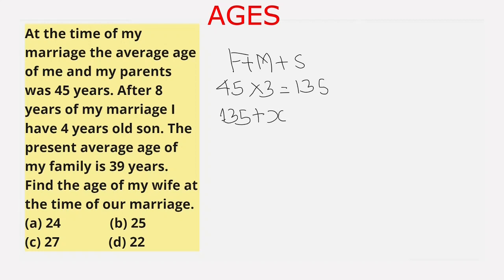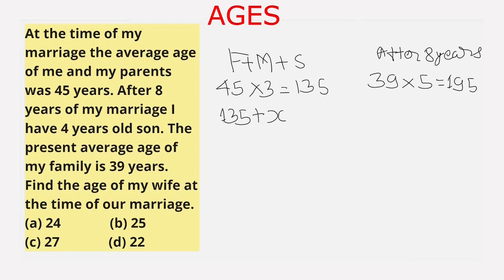After 8 years, the total number of persons are these 4: mother, father, son and wife of son, and a kid. So there are 4 persons plus 1 person is kid. So total 5 persons and their average age is 39. So the total age is 39 multiplied by 5 is 195.